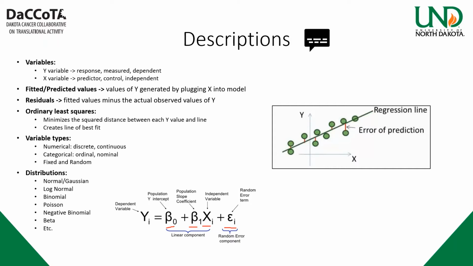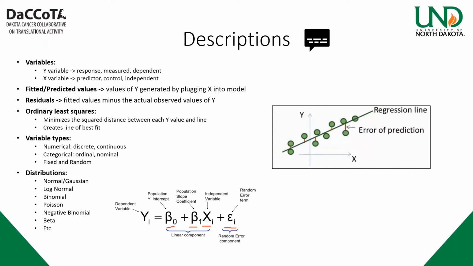So you want this line that reduces the error prediction, reduces the residuals to the smallest amount. And we use the squared distance for mathematical purposes to create this line of best fit. So this line best lines up and is closest to all these observations. Then when we actually use our equation to predict y, it'll hopefully get us that best fit. But of course it's not perfect. That's why there's always sort of error.